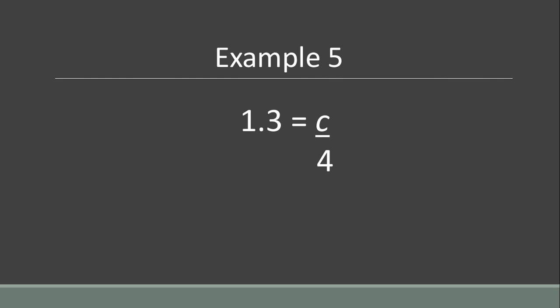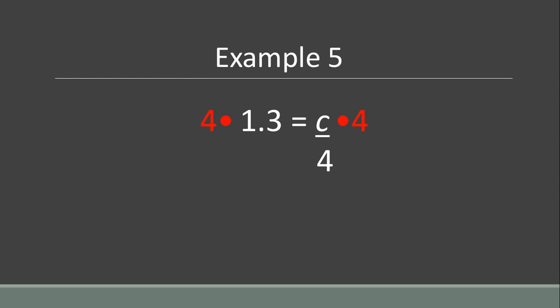For example 5, 1 3/10 is equal to c over 4, or c divided by 4. So it starts off as a division problem, and I'm dividing my variable by 4, so I multiply both sides by 4, because that's the number that's with my variable.